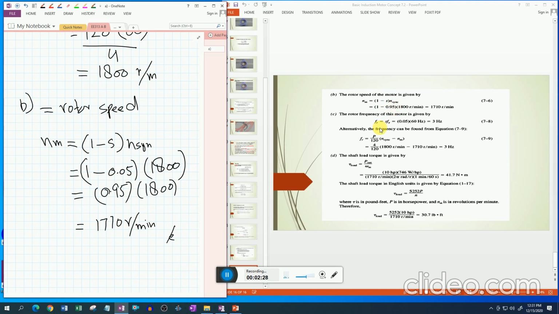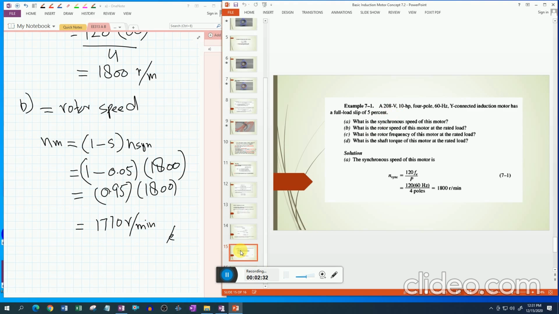Now part C. Part C states: what is the rotor frequency?